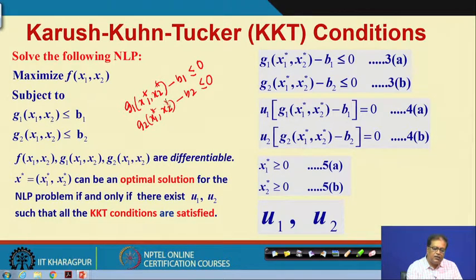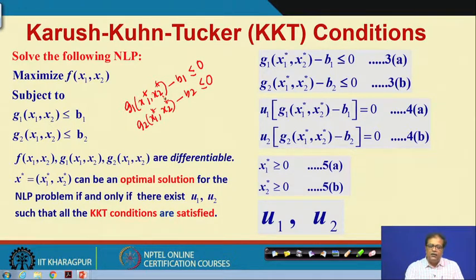Sometimes we write the star, but for simplification we may not write the star in between calculations, but we should know that we are evaluating the variables at the optimal point, because all these KKT conditions are true not always, but at the point of optimality. Is it all right? All right.